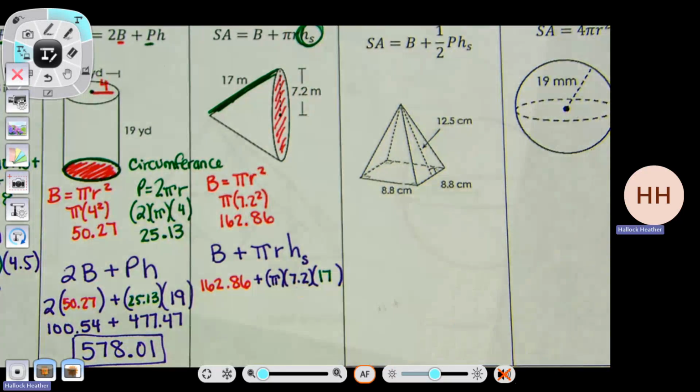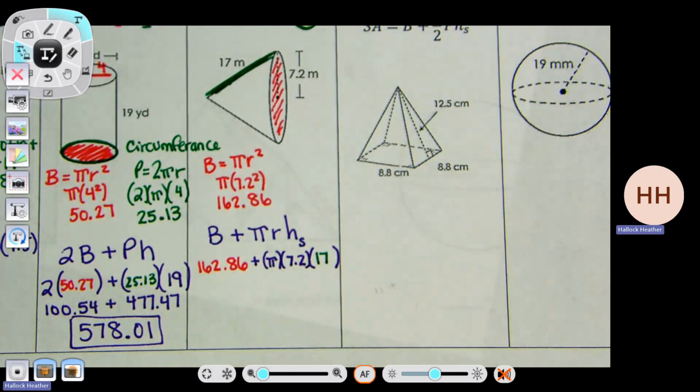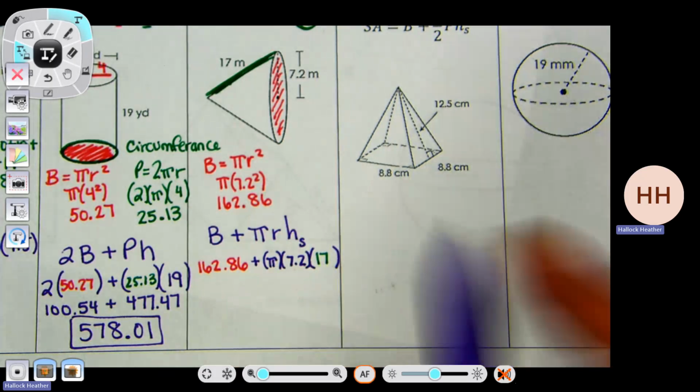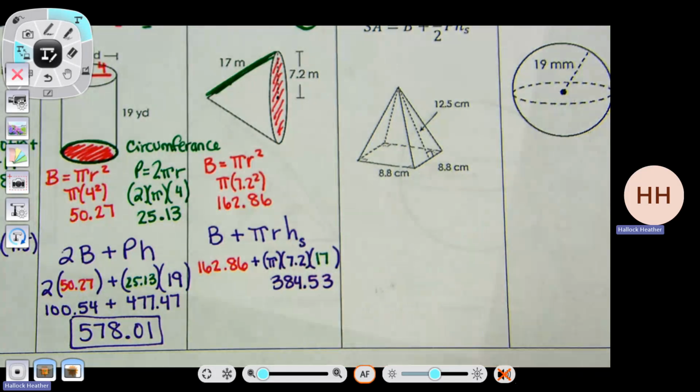So before we can add anything, order of operations forever, we have to multiply all of these things together first. So we're doing 17 times 7.2 times pi. How much do I get over here? 384.53. We're going to add that.